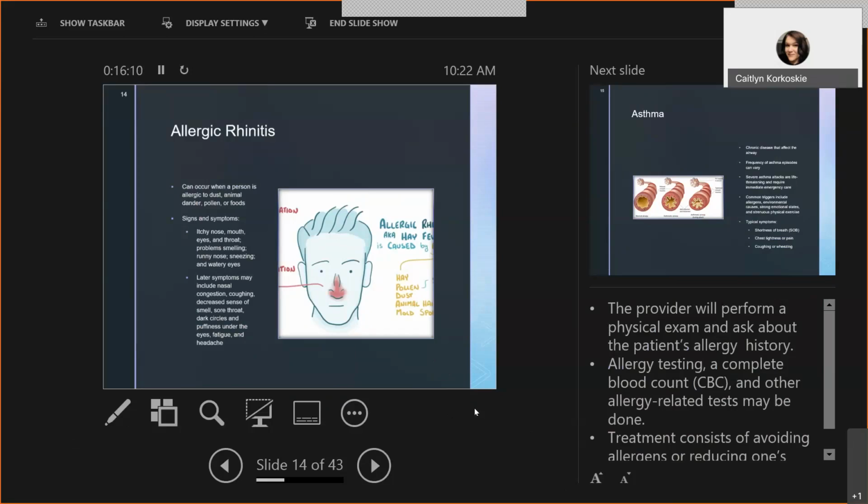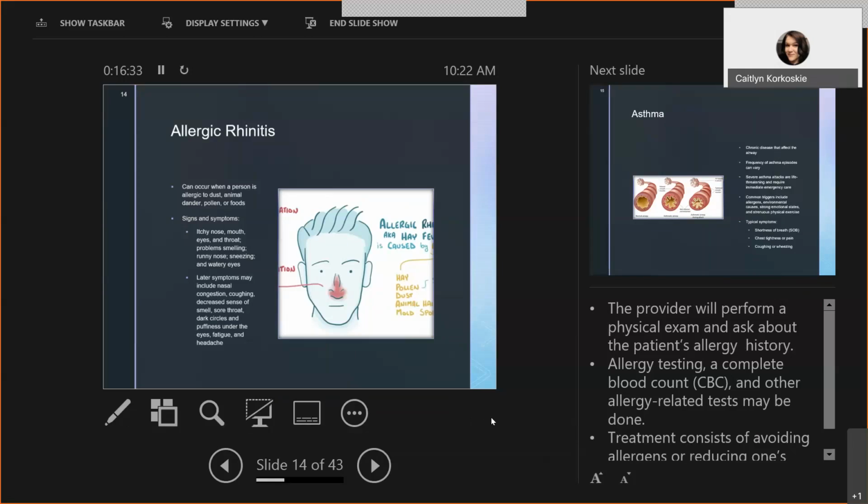Sometimes they'll have a sore throat, usually in the morning, along with coughing, because when you lay down, all that congestion is going down the back of their throat. They might also have dark circles or puffiness under their eyes, and then fatigue and headaches. So that's a pretty common set of symptoms of allergic rhinitis.